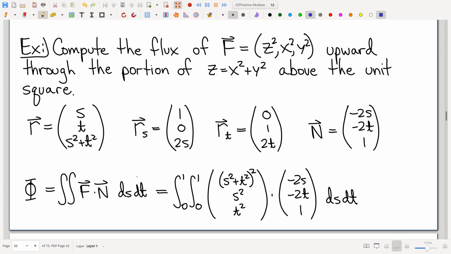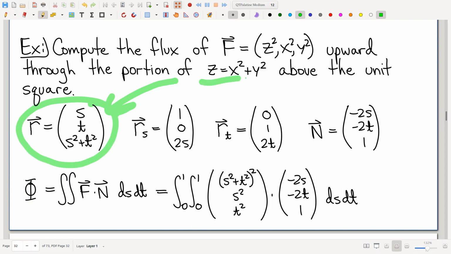And the way we get capital N, first you have to have a parameterization. Notice, all I've done is recognize that my surface is a graph, and so I've used the graph parameterization. You've got other options, I suppose, but this is going to be the easiest way for this example. So we parameterize.